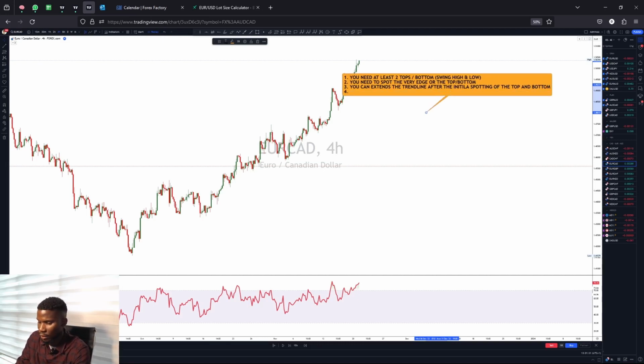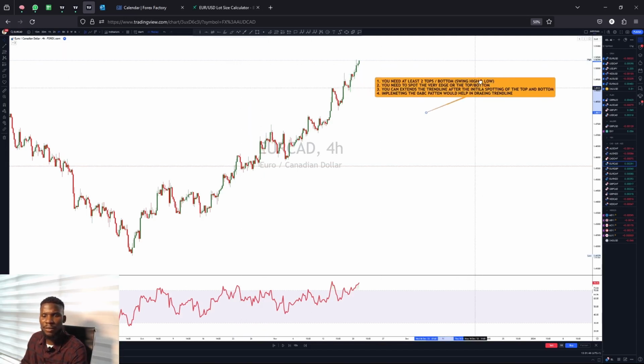Number four, implementing the OABC pattern would help in drawing a trend line. All right, I think that is almost everything. Okay, all right, this is better.